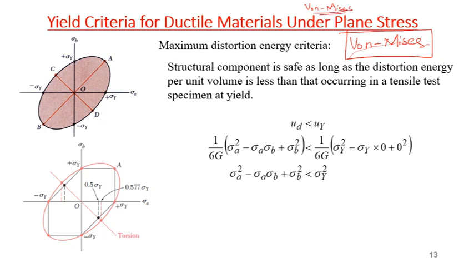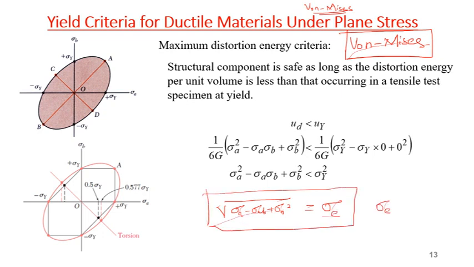If I take the square root of sigma A squared minus sigma A sigma B plus sigma B squared, this becomes my von Mises stress, and if this von Mises stress sigma E is equal to sigma Y, then failure will occur. That is the most commonly used criteria in calculations. Why, we will see.